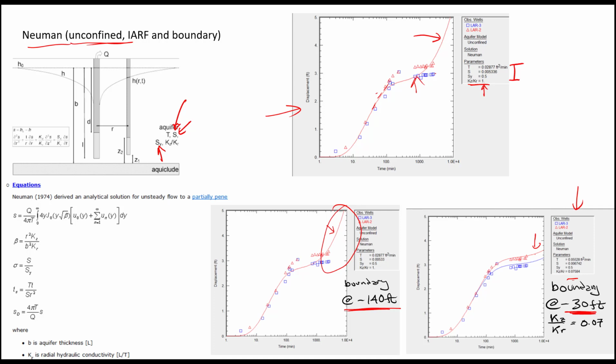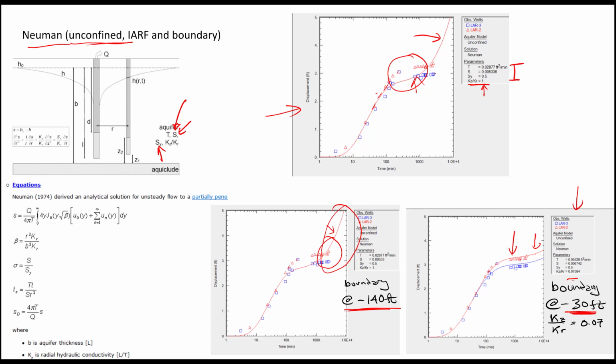So we're getting some indications that we could explain the data using this unconfined release from storage, at least this break in slope. But this end part of the data, at least for the Neuman analysis, curves up more quickly than what we see in the data.